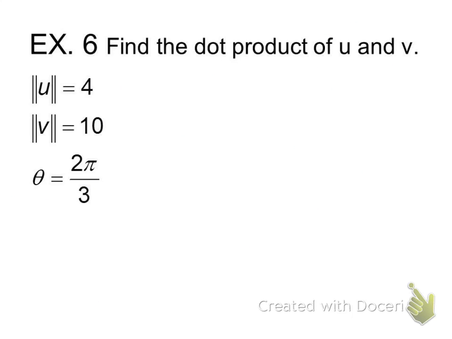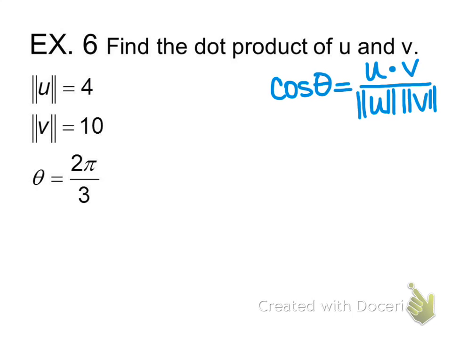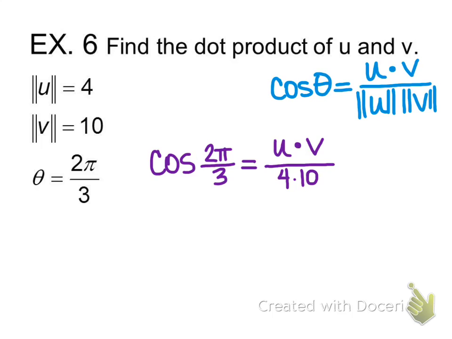It says to find the dot product of u and v. So we're going to use the same formula. Cosine theta equals u dotted with v over the magnitude of u times the magnitude of v. So we're going to plug in everything that we know. Cosine theta, which is 2 pi over 3, equals u dotted with v over the magnitude of u times the magnitude of v, 4 times 10.